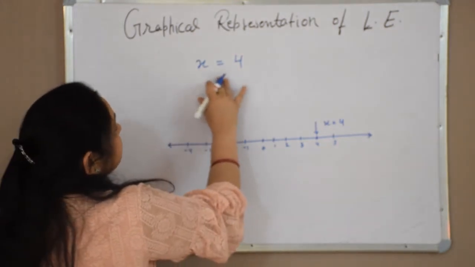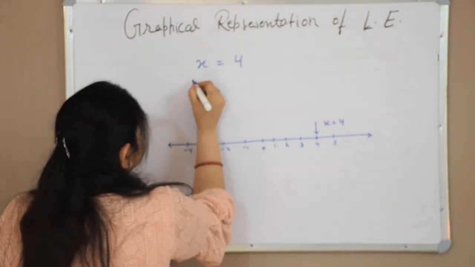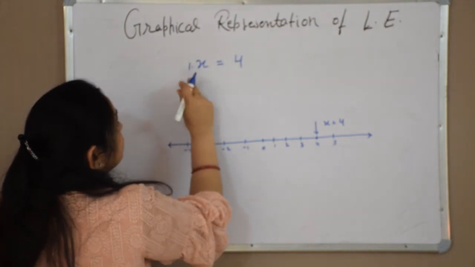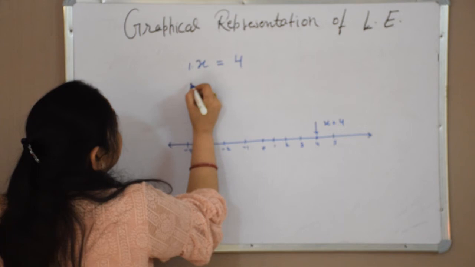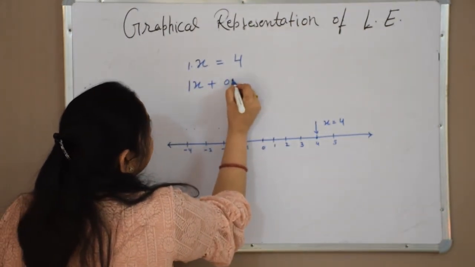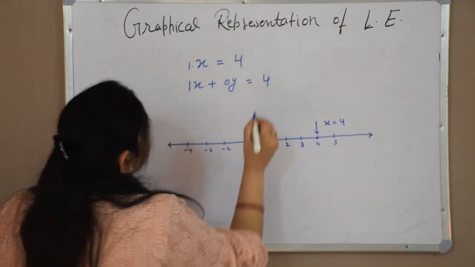Now if they say to represent the same thing in 2 variables, we can write it. It is just a single variable, there is no constant, we can write it as 1x, and here there is no y, we can write it as 0y is equal to 4.